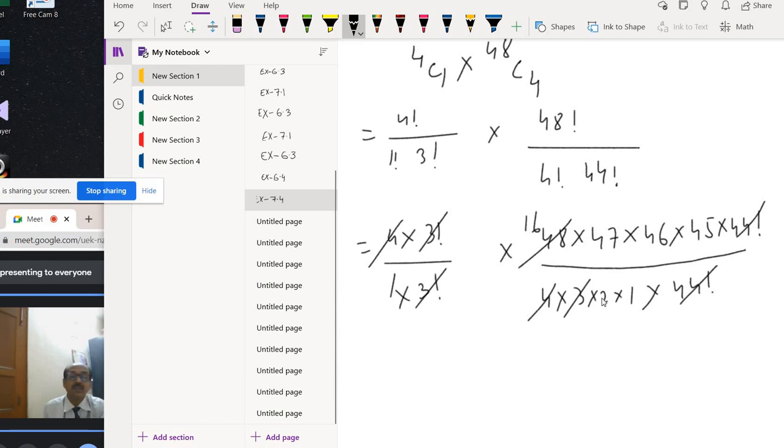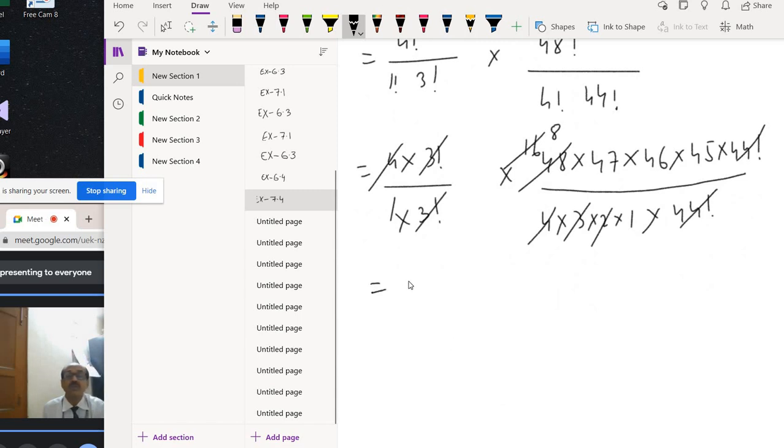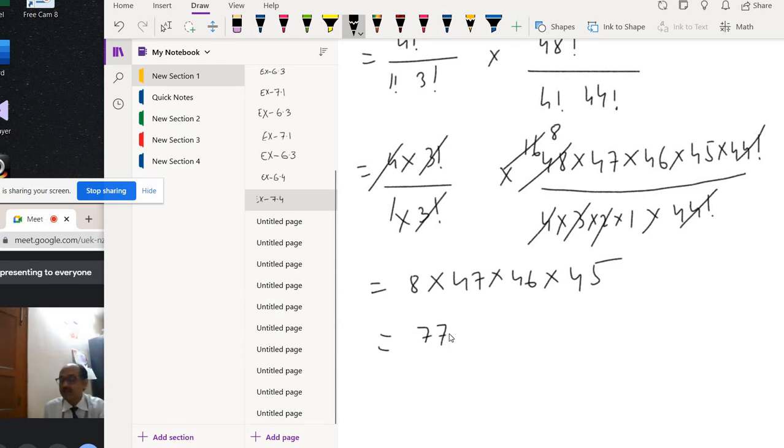Now 2 eights are 16. So this is equal to 8 into 47 into 46 into 45, which is 7,78,320. And the denominator is 1 only. Now multiplying 45, 46, 47 into 8, what will be the answer? 7,78,320. Yes, sir, 778320.